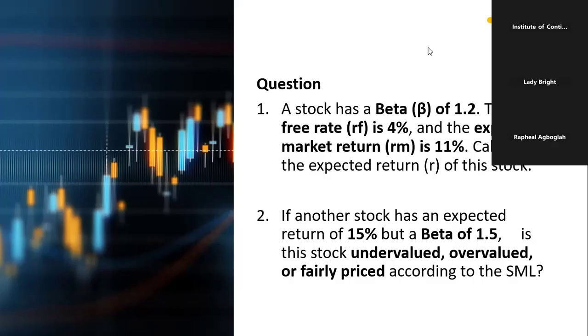So I have Emmanuel, I have Raphael, I have Joyce. I thought I had received another. Let's see, we've received 1, 2, 3, 4, 5, 6, 7, 8, 9, 10. I think we can go. So for question 1, I'm showing the answer.